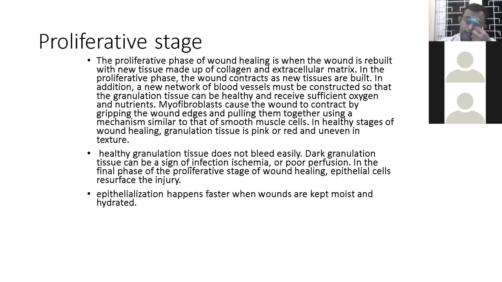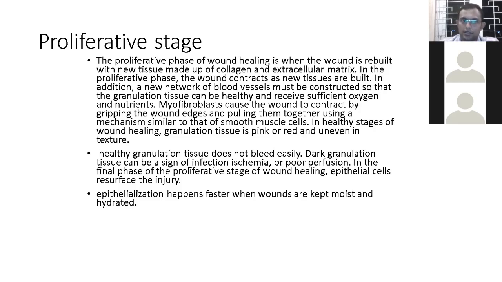And then the proliferative phase. What does that do? So the wound has to rebuild itself. New tissue, collagen, extracellular matrix, and new blood vessels, a new network of blood vessels, a lot of blood vessels, and fibroblasts, and this is where you see granulation tissue.